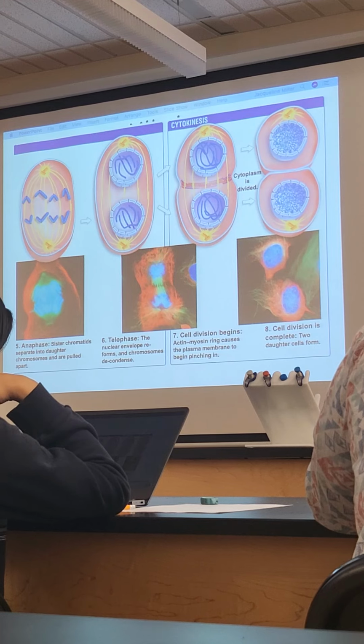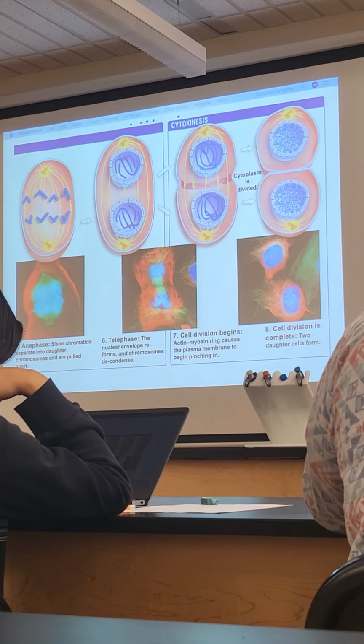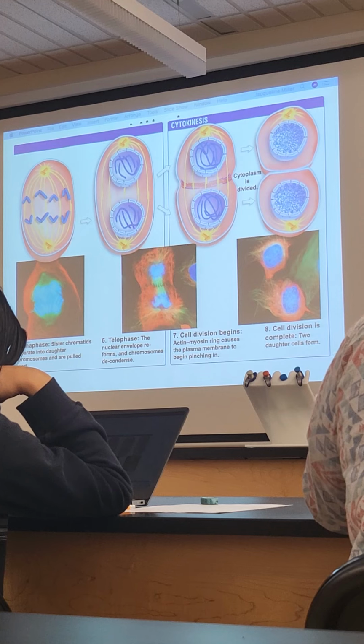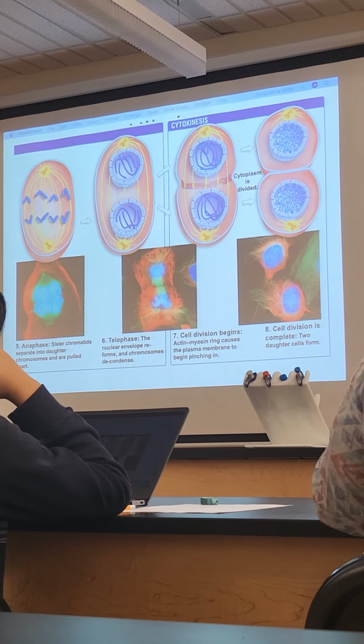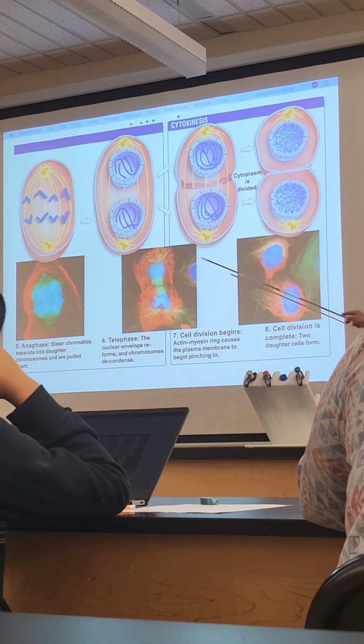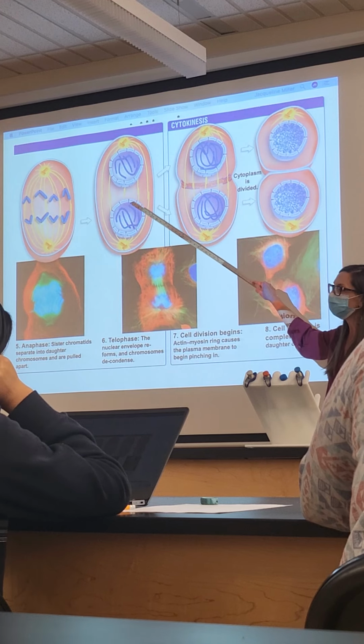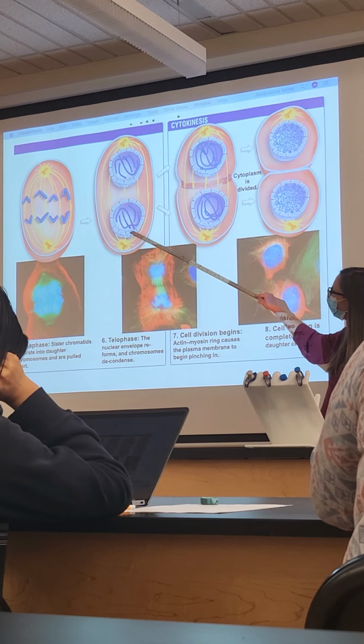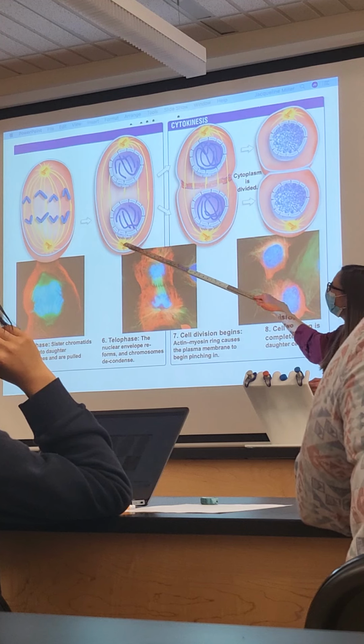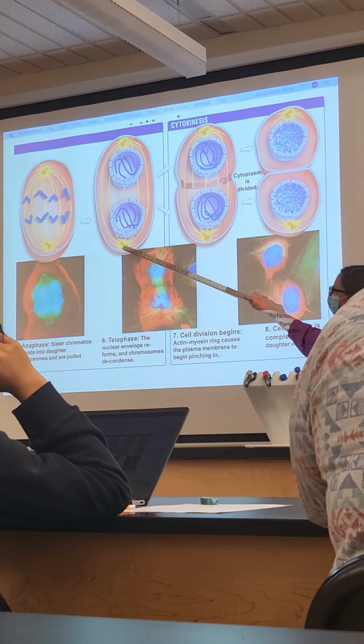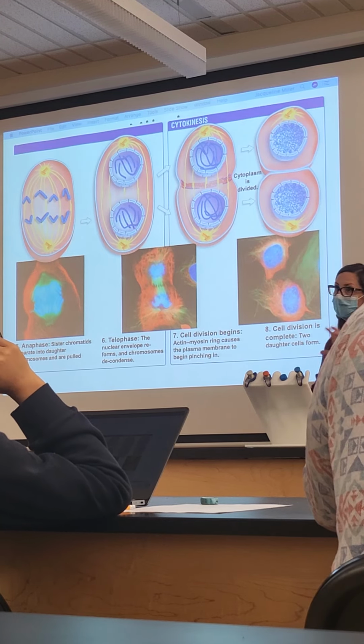It's when the nuclear envelopes reform, and you basically end up with two nuclei in the same cell. Exactly. So now you have two nuclei. This would be a multinucleated cell for the time being. I want to note that the centrosomes are outside of the nucleus.